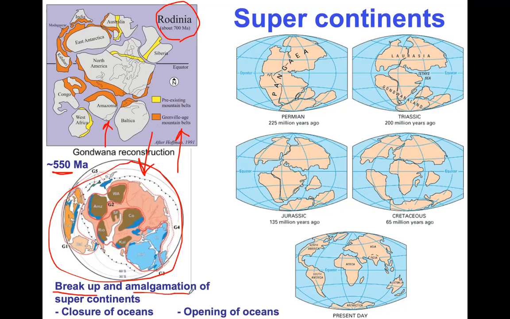These broken parts amalgamate. For example, Rodinia was broken up about 700 million years ago, and it was amalgamated to form Gondwana at about 550 million years ago. So one supercontinent forms another supercontinent. For that, it takes about 400 million years.